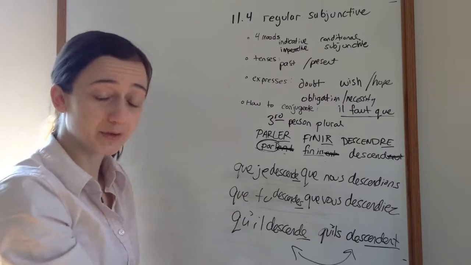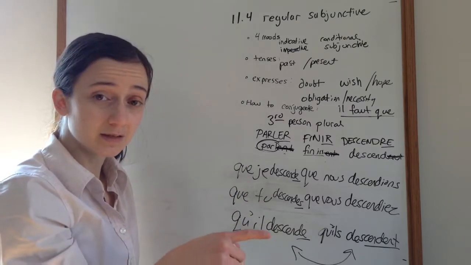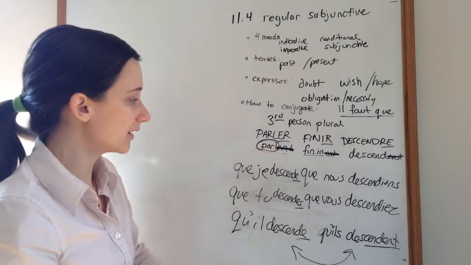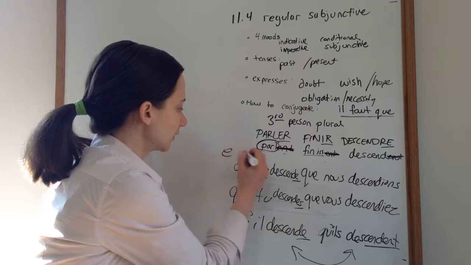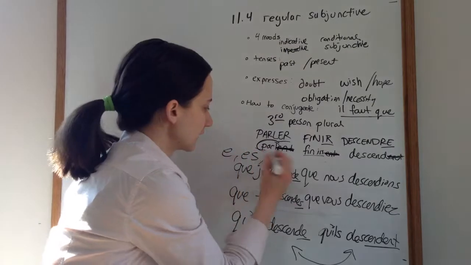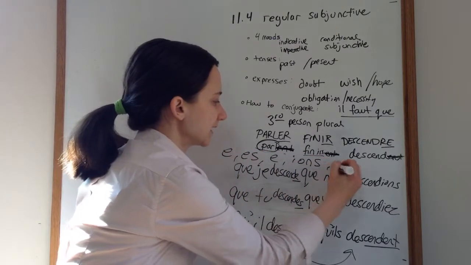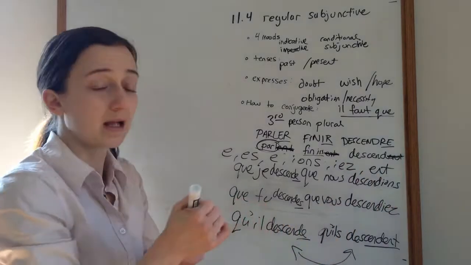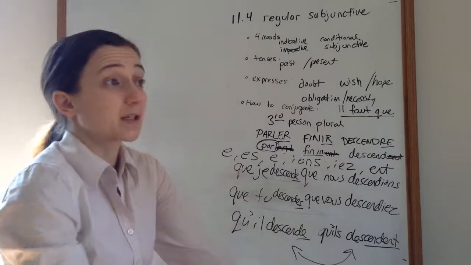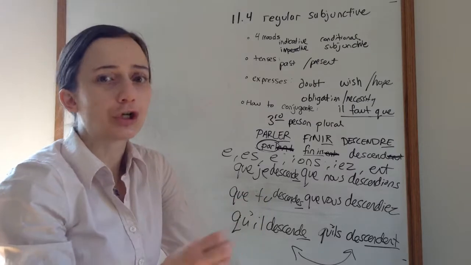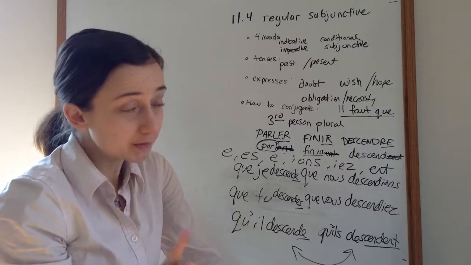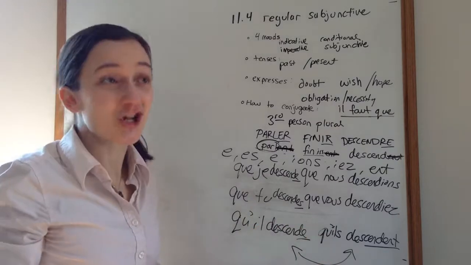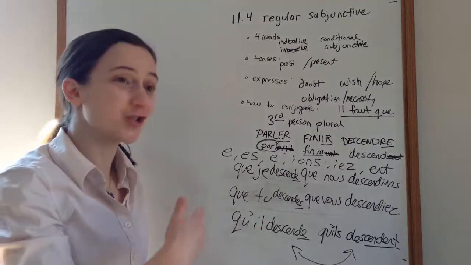You go to that third person plural, remember, partent, take off the E-N-T, and you're just going to add on these same endings. Remember, E, E-S, E, I-O-N-S, I-E-Z, E-N-T. Okay? So things like partir, dormir, je dors, not je dorme, je dors. Now in the subjunctive, it is je dorme now, que je dorme.